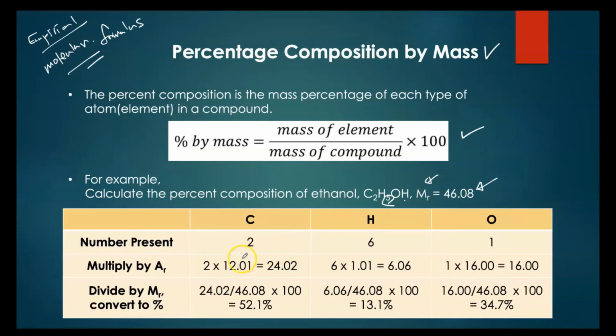Once you've done this, you're going to multiply the atomic mass by the number of the atom presented in this equation. So we do this, and after that we have to divide these numbers by the MR, relative molecular mass of this compound, and multiply by 100. Then we get the percentage composition by mass.